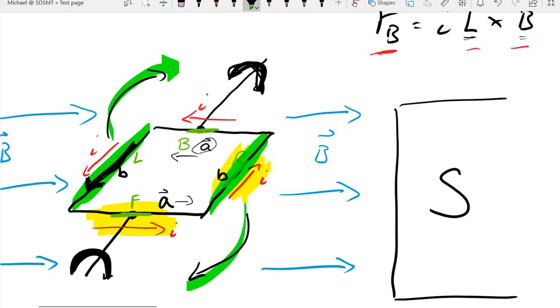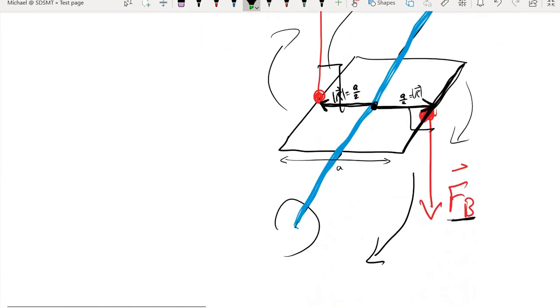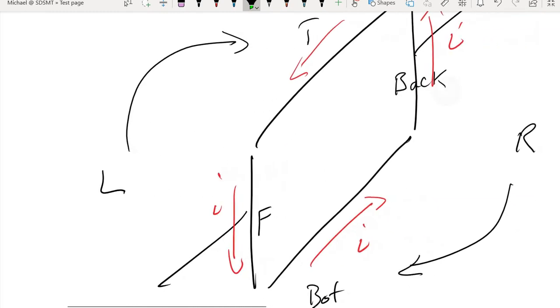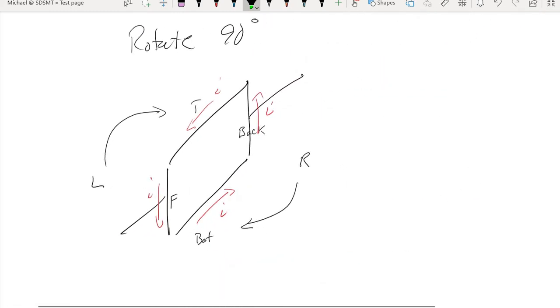The right-hand leg is going to end up as the bottom leg. The front leg remains the front leg. The back leg remains the back leg. So that's what our new picture looks like after this coil has rotated 90 degrees. The magnetic field lines are still there.